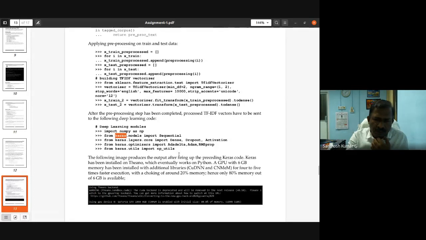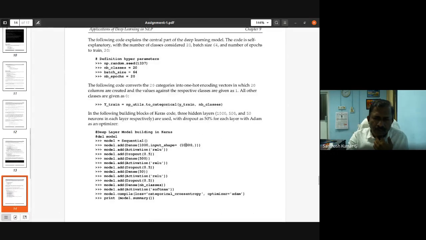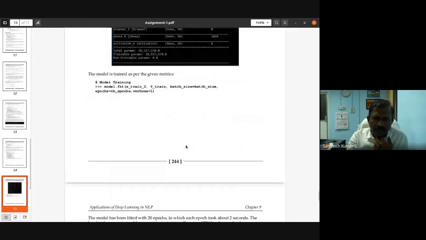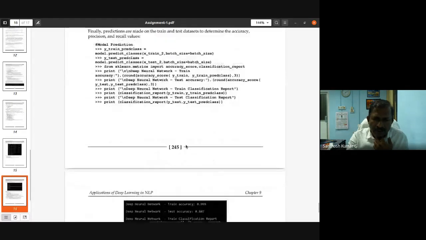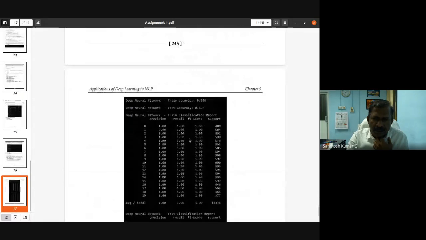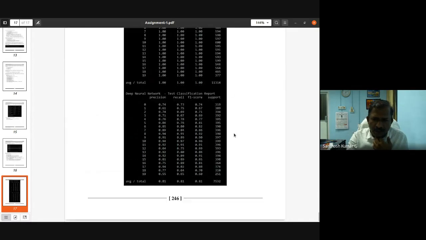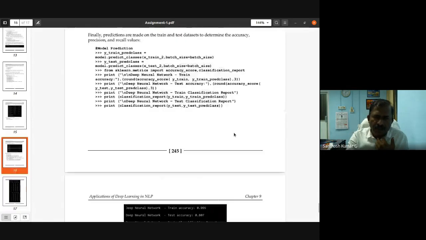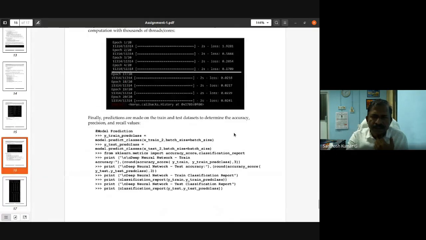So try to mimic whatever is done in Keras and do it in PyTorch, right? So I think we can do that, and finally you can come up with the results. So for the prediction, you can report precision, recall, and F1 score, and the support also. We have libraries for all those things, you can use that, right?